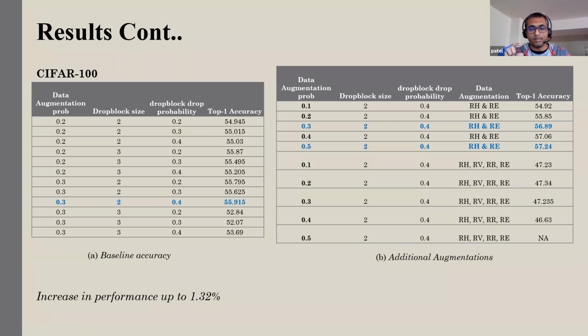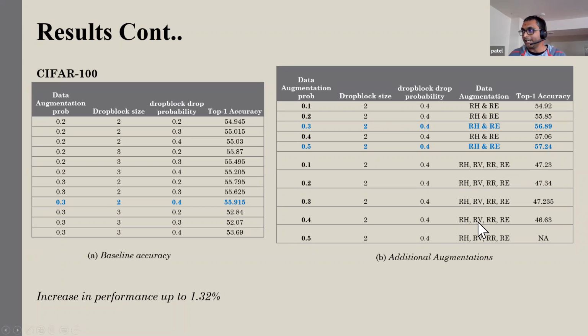So that's why RandomErase will fill up the gap in between. That's my hypothesis. And random horizontal flip is by default a part of my baseline architecture. The reason is it was part of the baseline in the DropBlock paper, so I wanted to match it.